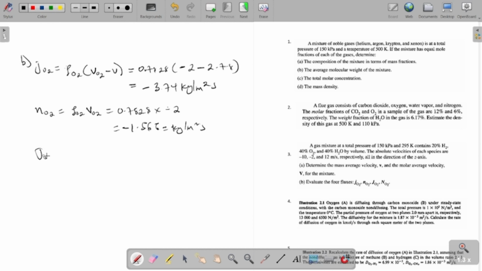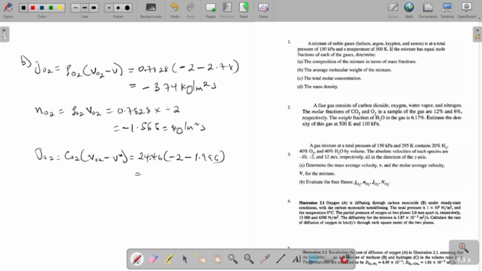Then the big one becomes the concentration of oxygen times the velocity of oxygen minus the molar average velocity. So this one is 24.46 multiplied by minus 2, then minus 1.996.